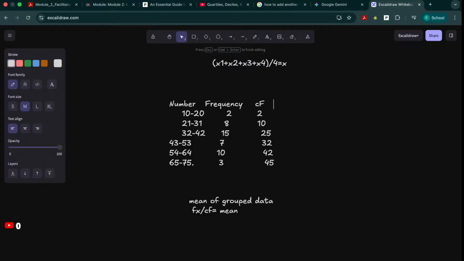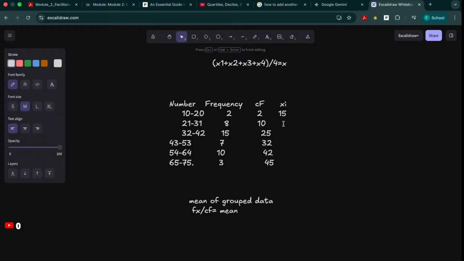Then here we create another column, which is x. X represents the midpoint. So how do we calculate the midpoint? We calculate it by averaging these classes. So we have 10 plus 20, we have 30, and 30 divided by 2, 15.